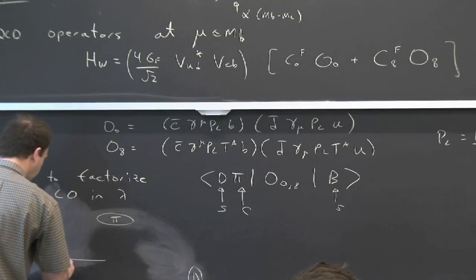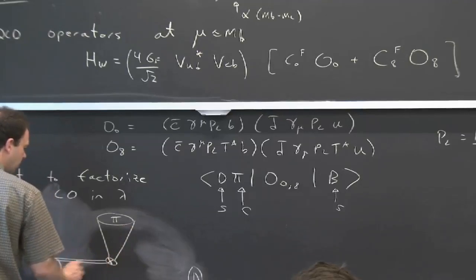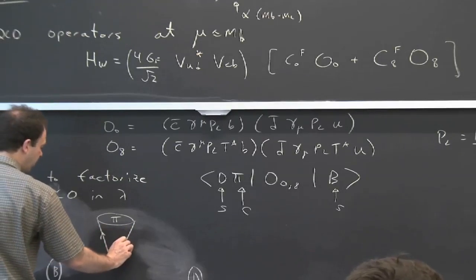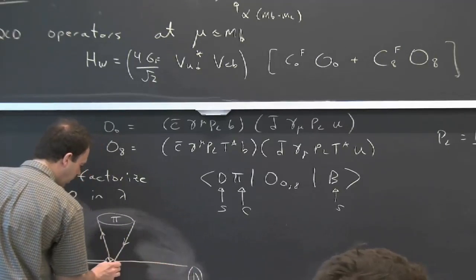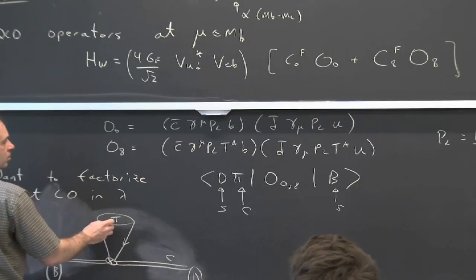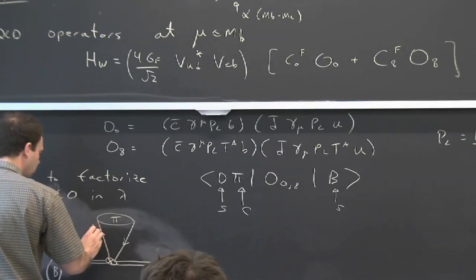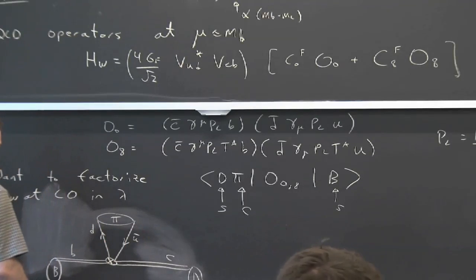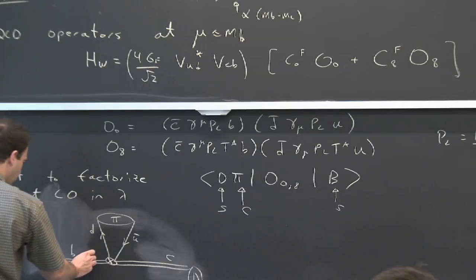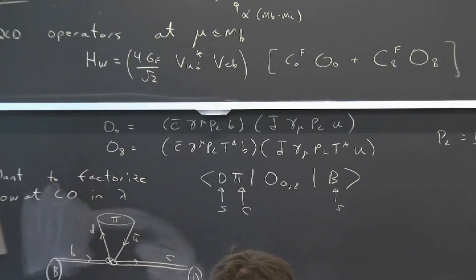So here's a heavy quark. Here's one of these operators. Here's the valence quarks in the pion. Another heavy quark. So this is B, charm, u and d. And there's an antiquark, and we have to dress this with gluons.